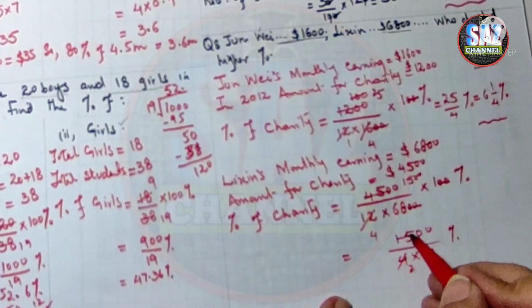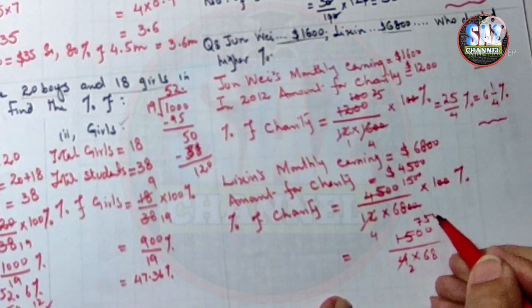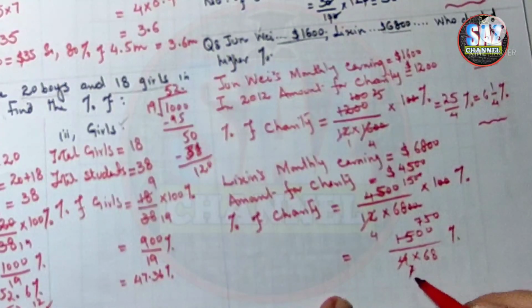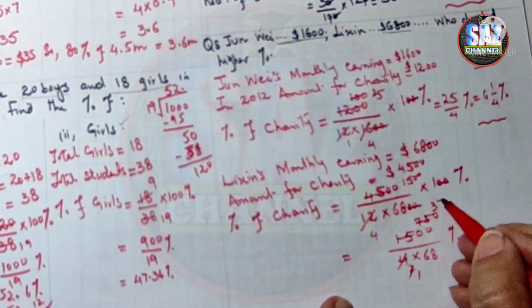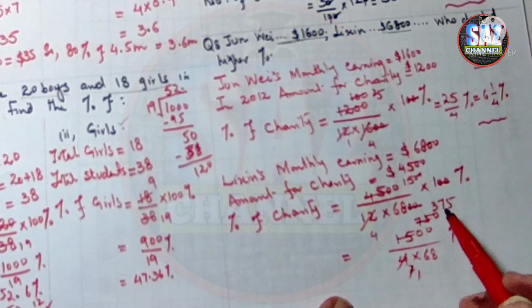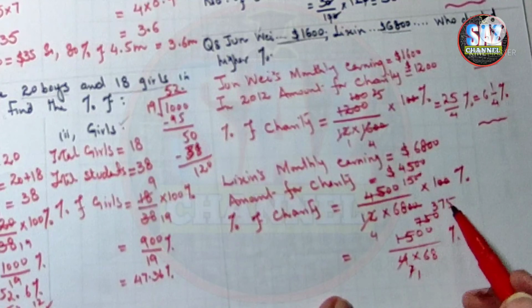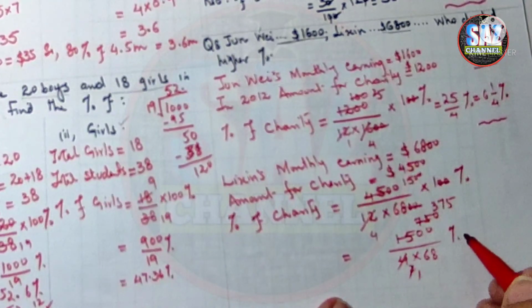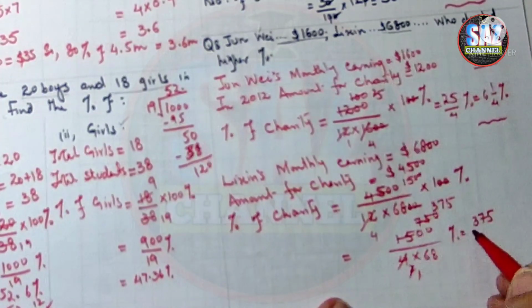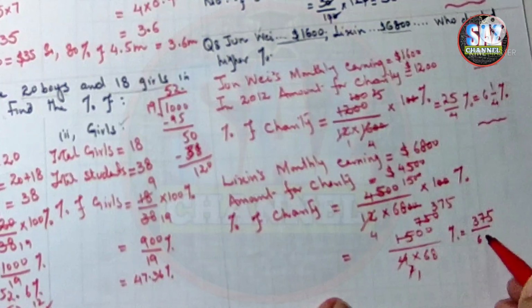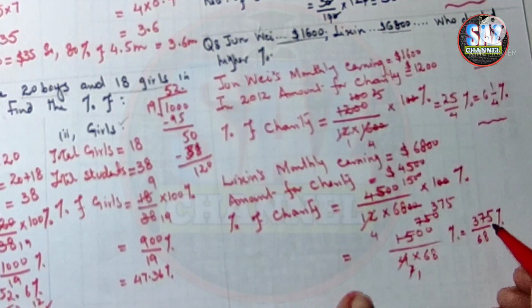We cannot divide it more by 3 or by 2, so we will have 375 by 68.